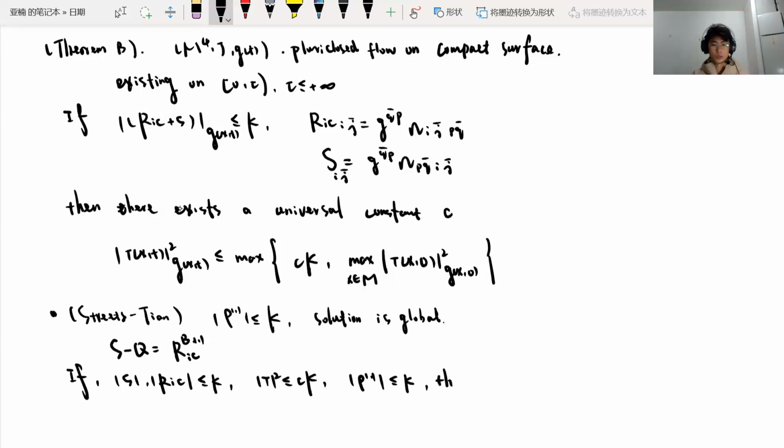Then the solution is global. So we can also get the long-time existence from the boundedness of the Chern Ricci.